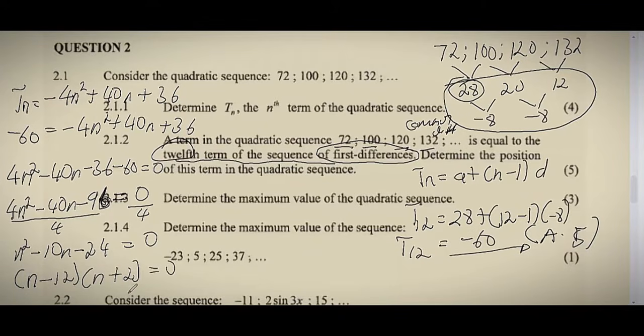Remember, if you cannot factorize, you can still use the quadratic formula. So n is equal to 12 or n is equal to negative 2. But our n must be an element of the natural numbers. Negative 2 is not a natural number, so we cancel it out. That means the value negative 60 is found in the 12th position.